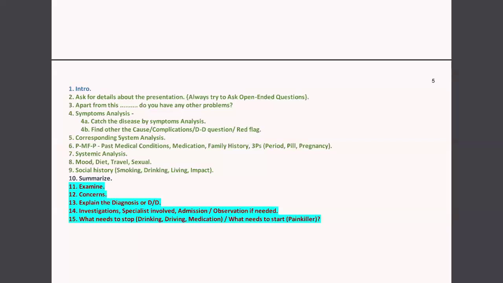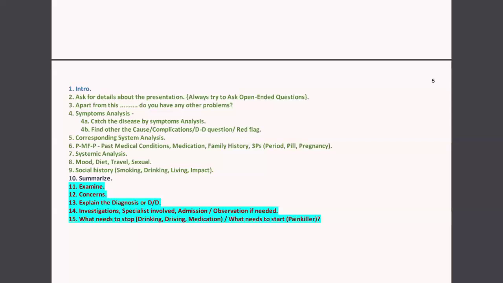So like this, and sometime medication, some medication we need to stop, like if the patient recently started thiazide and develop joint pain, you are thinking about gout attack.